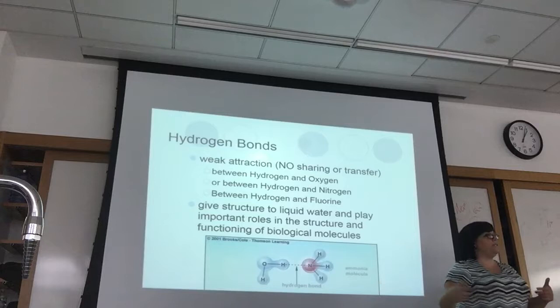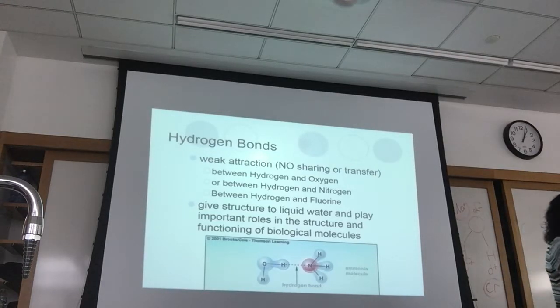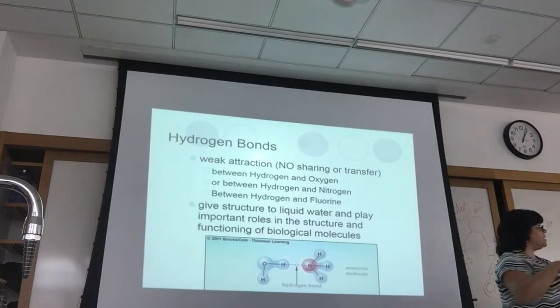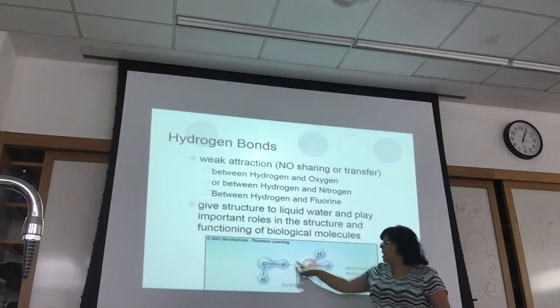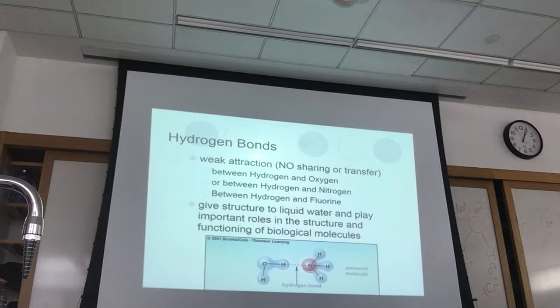In order for the protein to function in your body, in order for hemoglobin to bind to oxygen and carry it around the red blood cells, it has to have this particular shape for oxygen to sit right in the middle, like an egg in a basket. And what gives that shape to the protein hemoglobin are these hydrogen bonds that form between the nitrogens on one side and the hydrogens on the other, and so on.